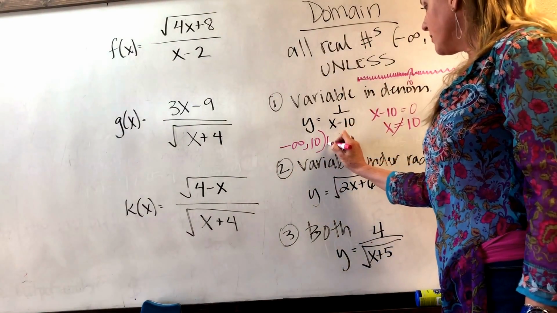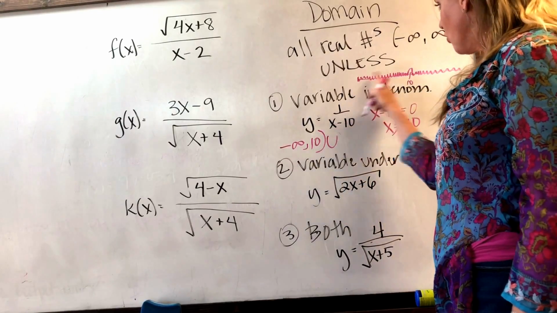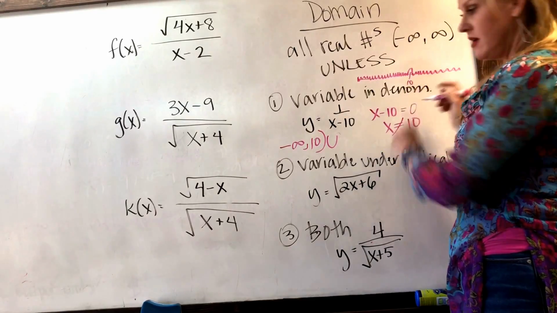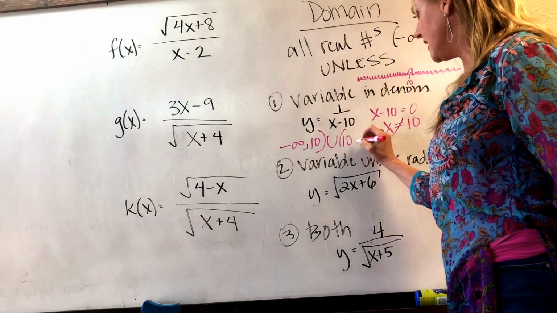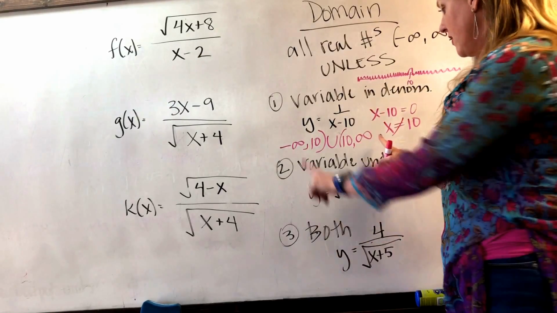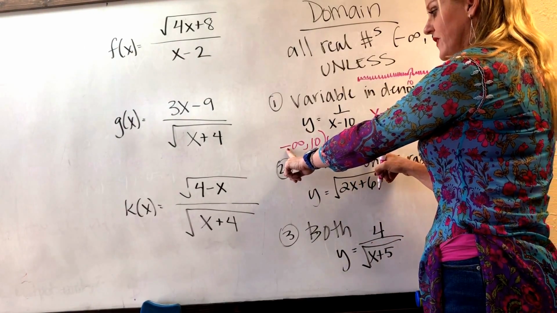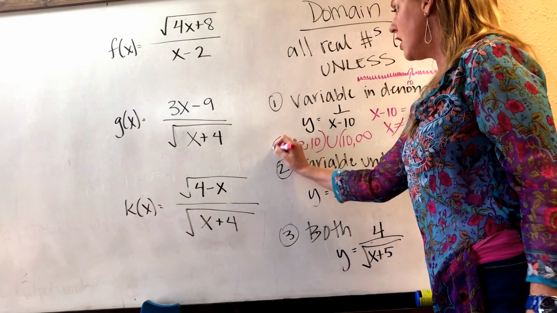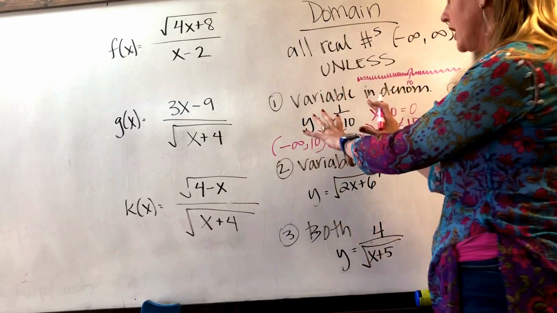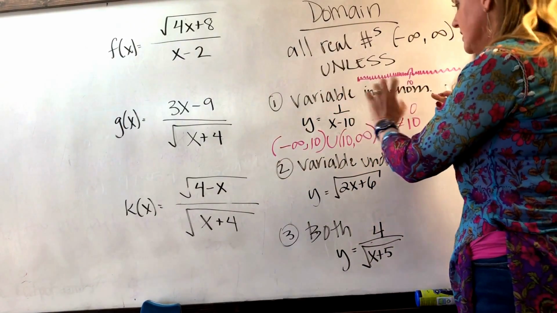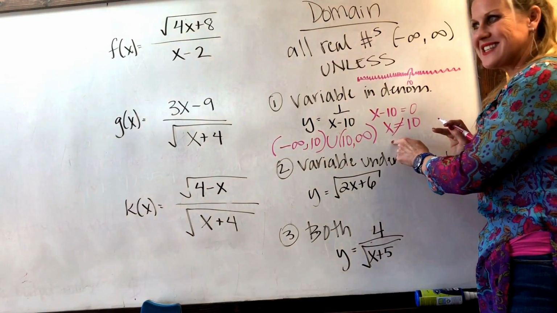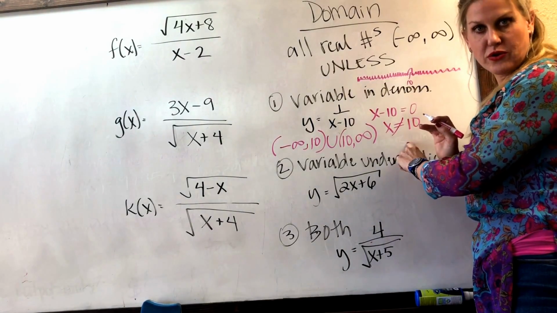Then I'm going to do that along with, or union, anything over here. That says start at 10 and go up forever. And then we have to close these off, and infinities, whether they're negative or positive, always get a curved parenthesis. So the way you deal with a variable in the denominator: set the denominator equal to 0, solve for x. X can't be that number or those numbers.